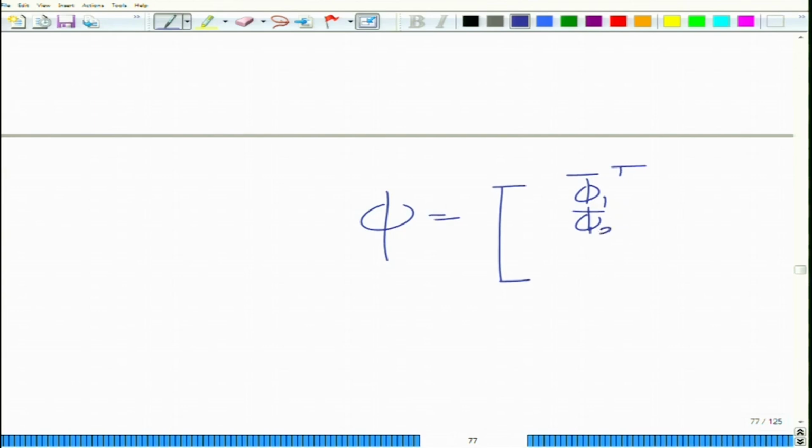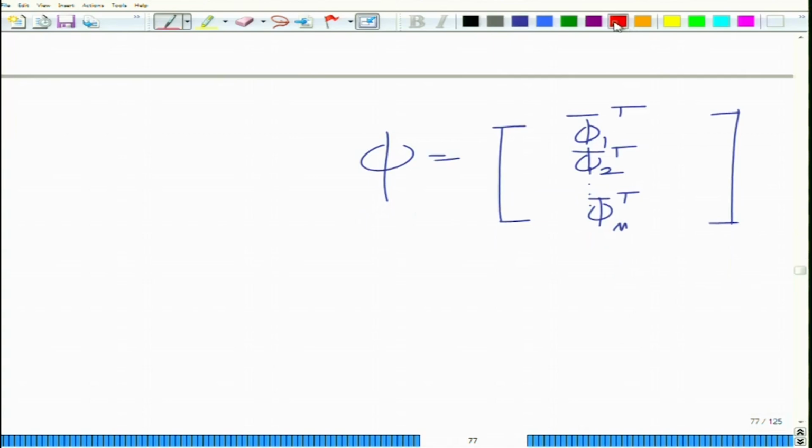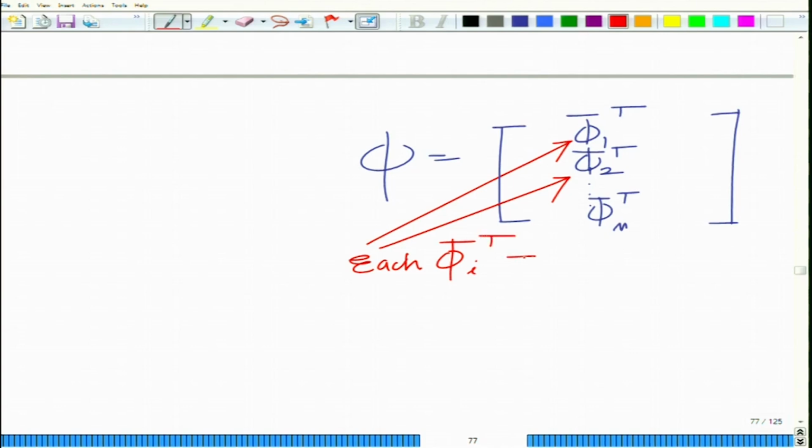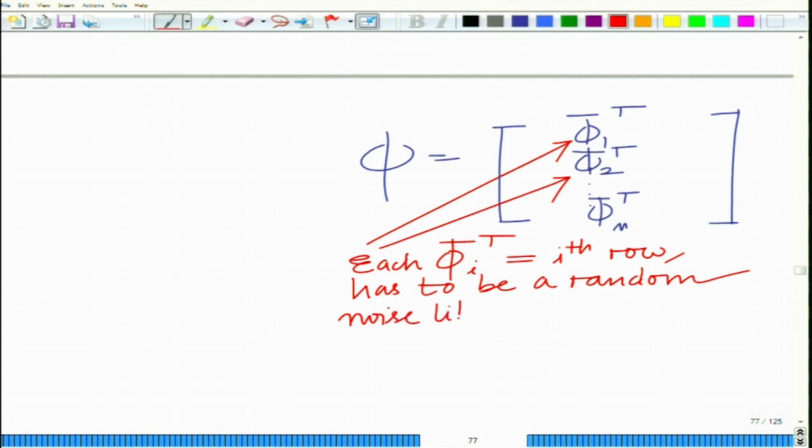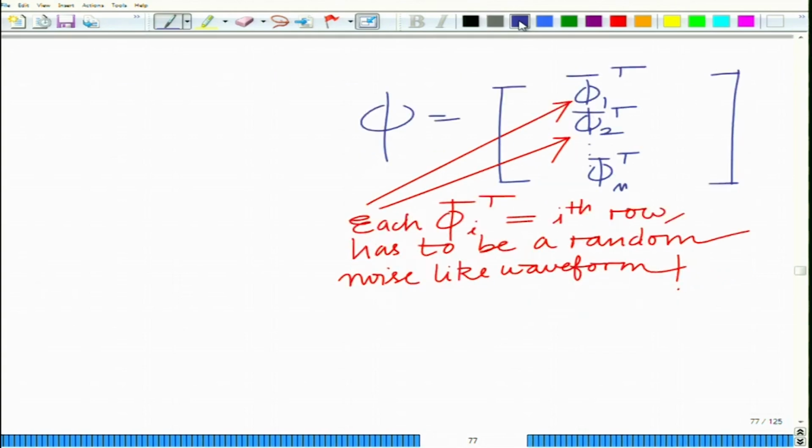If you look at each row, which we denote by phi 1 bar transpose, phi 2 bar transpose, up to phi m bar transpose, each row of the sensing matrix, each phi i bar transpose, the ith row, has to be a noise like waveform, which means that it has to be something very random.